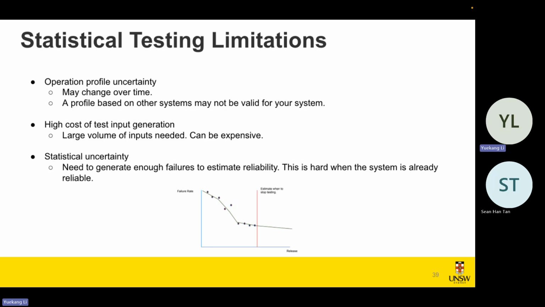So when to stop testing, the story is like this. We need to have some stopping criteria, right? And software dependability is like our ultimate goal, so we try to derive the stopping criteria from dependability.